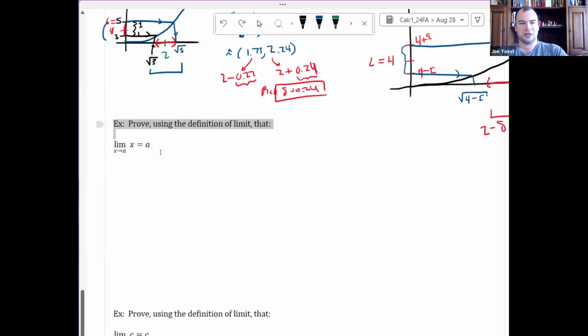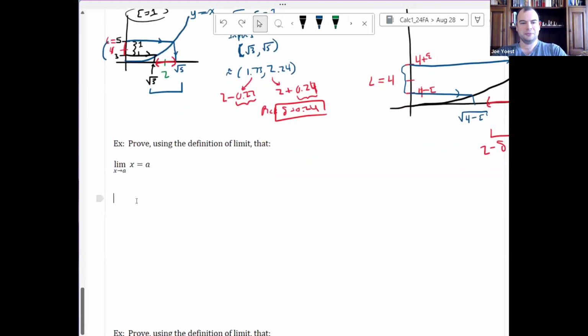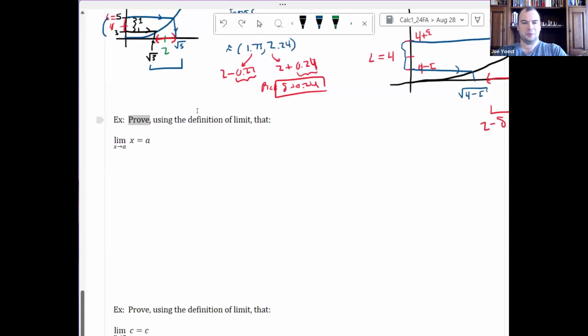All right, so let's move on to the algebraic side of things now. We're going to try to take this idea and write it out algebraically. So let's try to prove using the definition of a limit that this is true. In other words, what we want to prove is, given epsilon greater than 0, we want to say let delta be something.